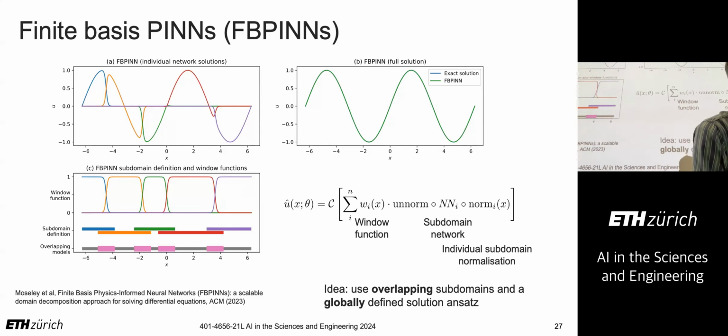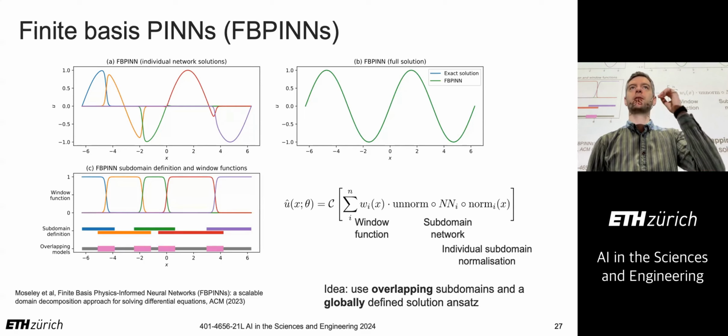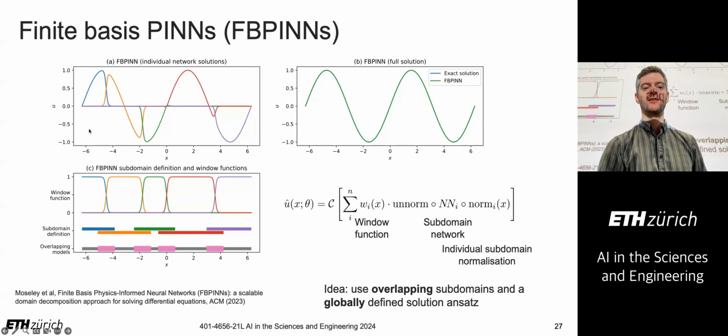Yeah, so you're getting back to the point asked earlier about how we choose the domain decomposition. Again, this is a limitation of this method, and of domain decomposition in general: you typically want to choose the decomposition so that it fits the solution. The standard FB-PINN approach doesn't do this.